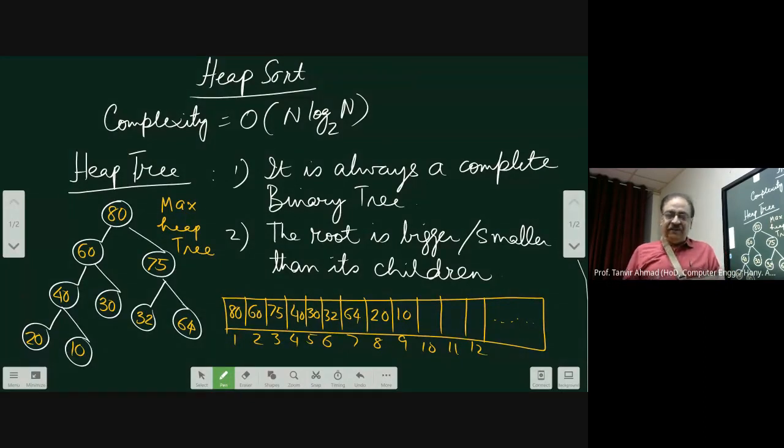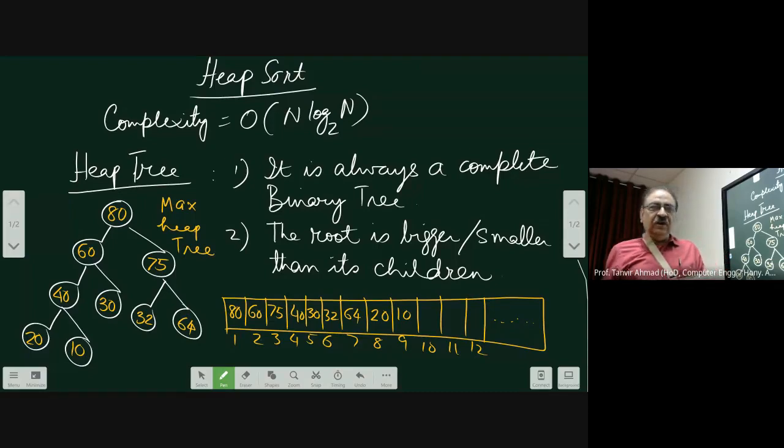Now, one thing you saw over here is that there are no empty spaces in between. Why? Because since it's a complete binary tree, the array will always have continuous elements. Any space which will be empty will always be at the end.